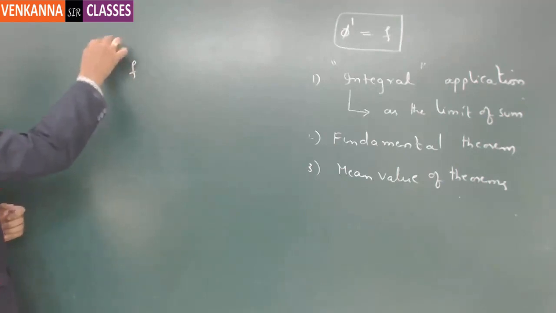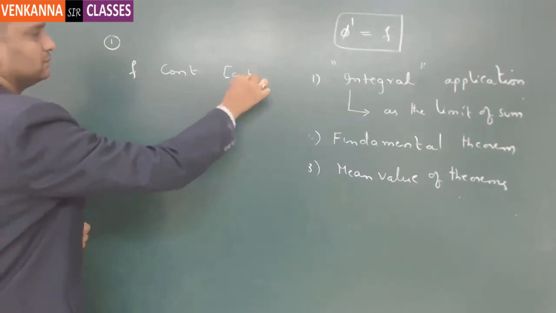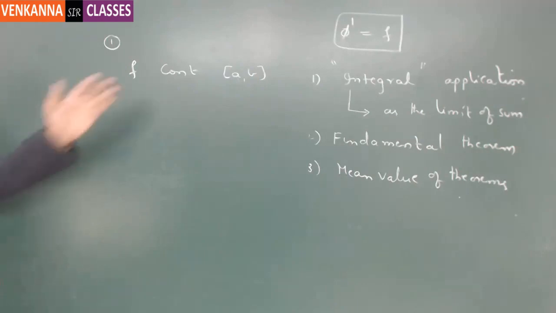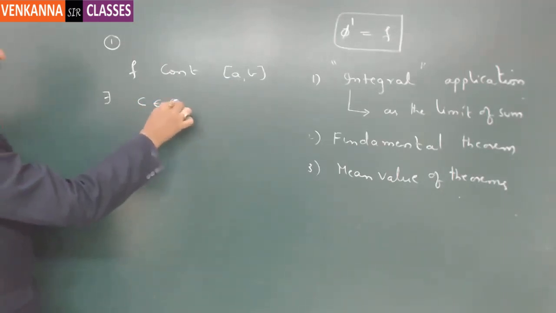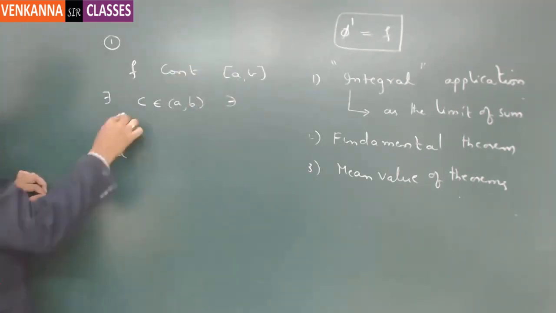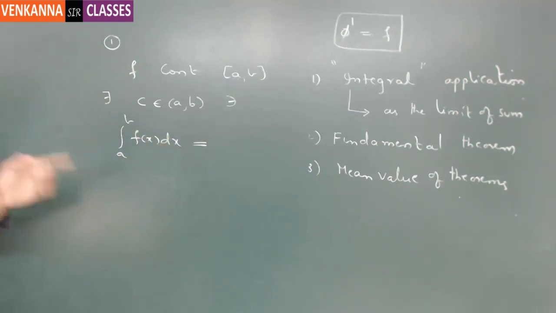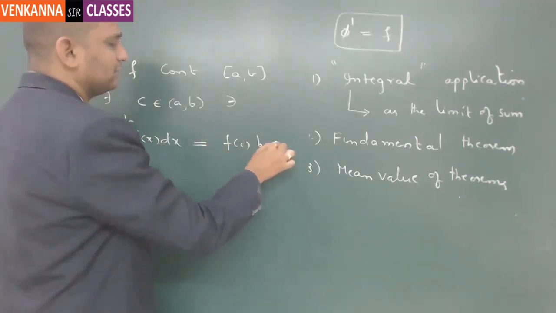Suppose you take a continuous function on closed AB. So as per the known result, the function is Riemann integrable on closed AB. Now, there exists a point C in the open interval AB such that integral a to b f of x dx is equivalent to f of c into b minus a.